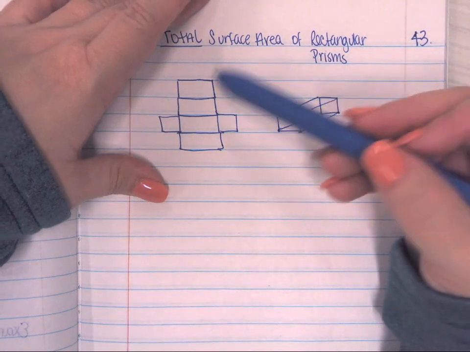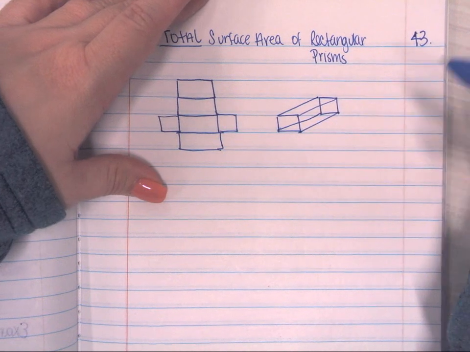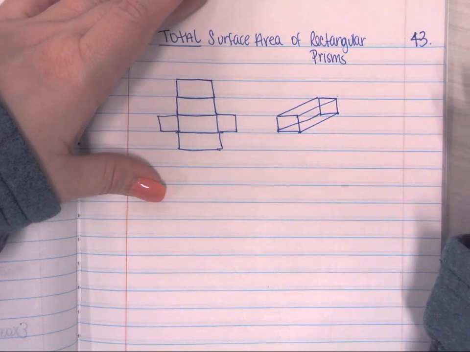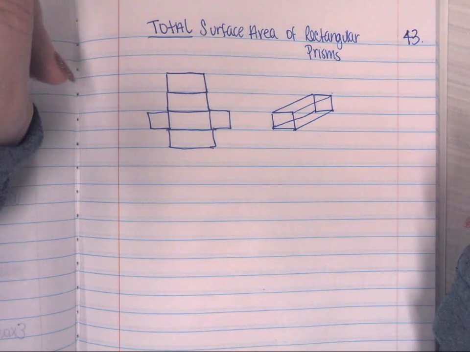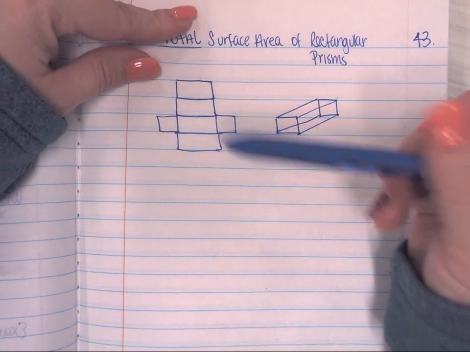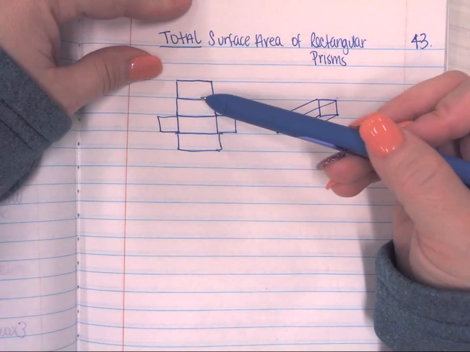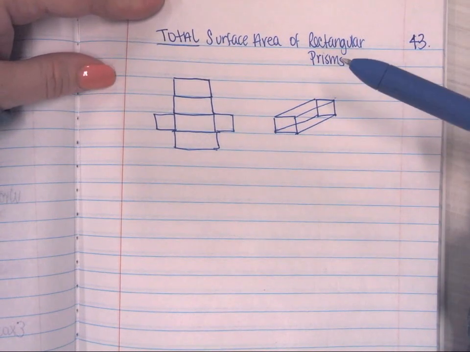It has 1, 2, 3, 4 sides, 1, 2, 3, 4 sides, and then it has 2 bases, 2 bottoms. So when we're figuring out surface area, we're just figuring out the area of each of these spots if it were laid flat and adding it together.